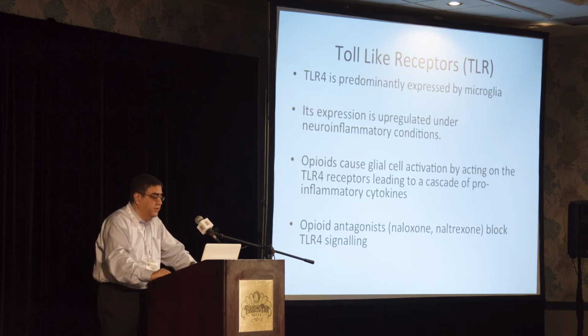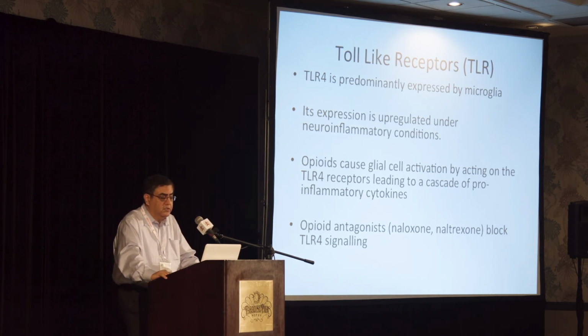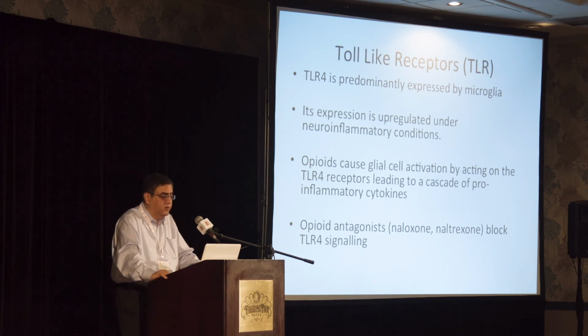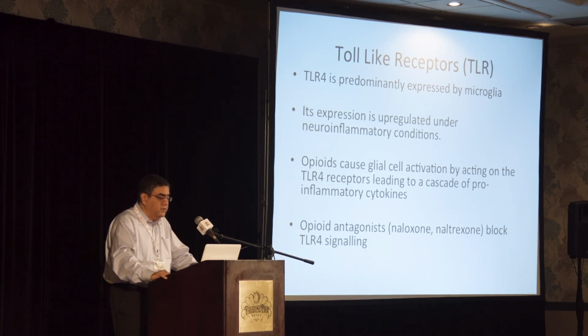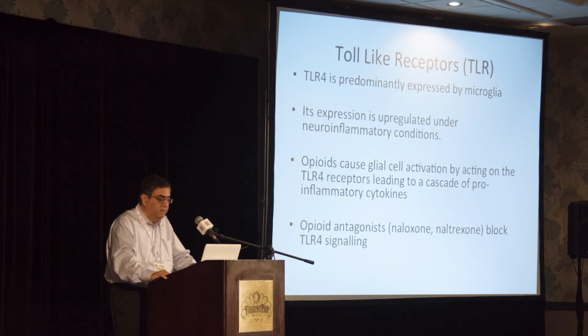Among the Toll-like receptors, there is one particular called TLR4, Toll-like receptor 4, which is produced by the microglial cells. What happens is, when there's inflammation of the brain and the spinal cord, these Toll-like receptors are upregulated. They are more activated.